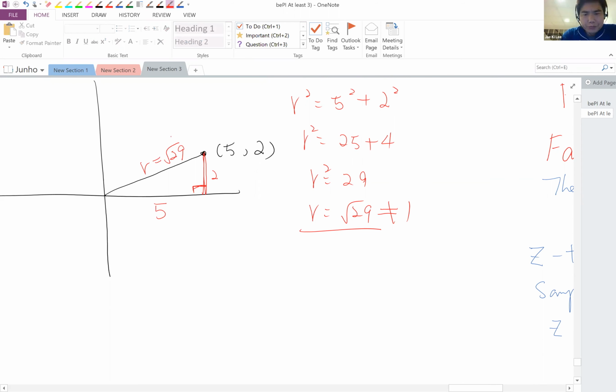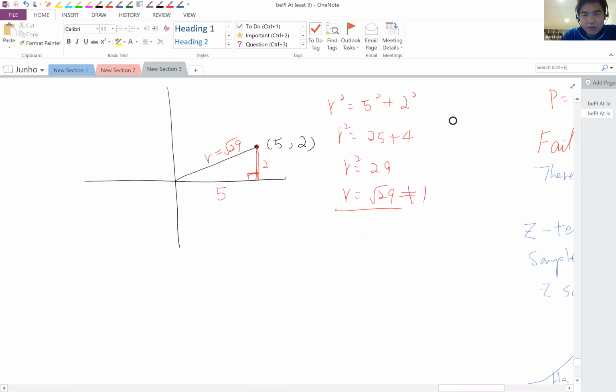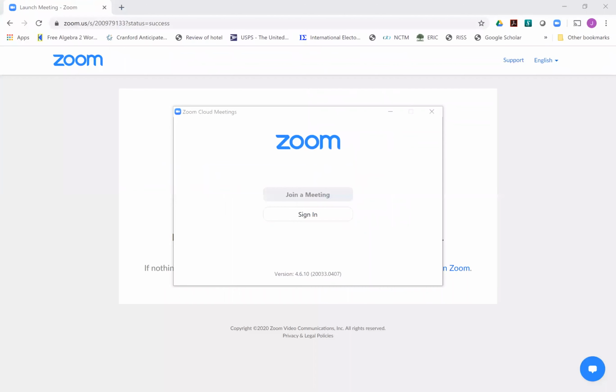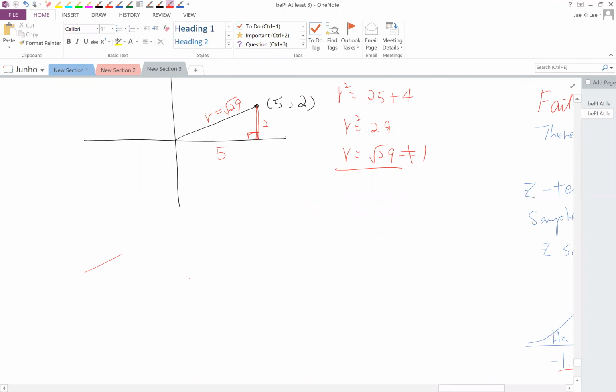So from now on, I will let you know how to evaluate trigonometry values based on the triangle shape. So we have any triangle, and I'll just say the x-axis and the y-axis, that will be better.